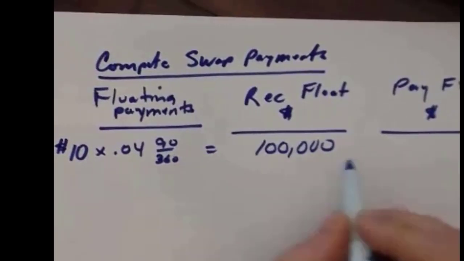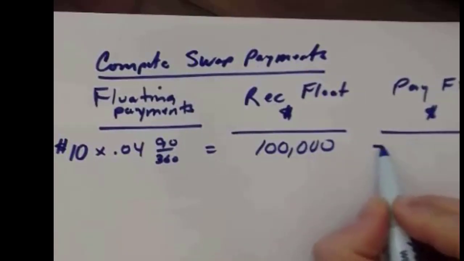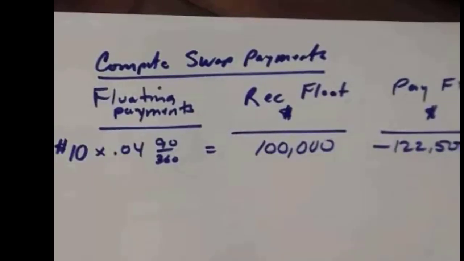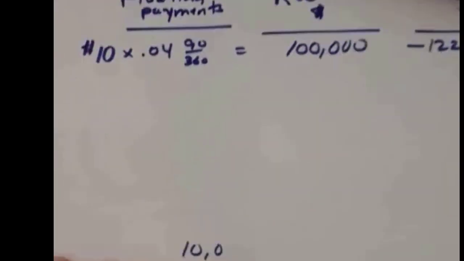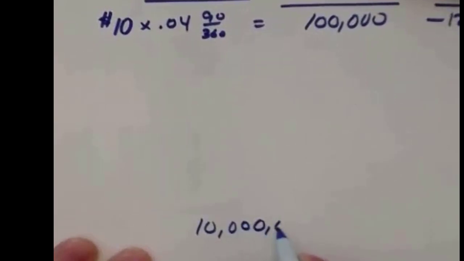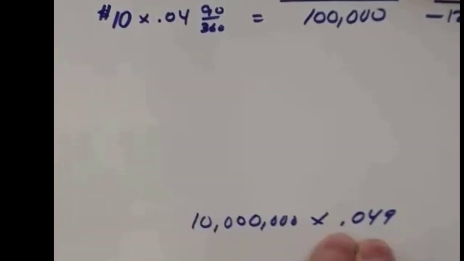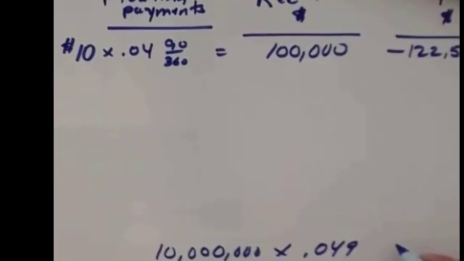And then we expect to pay $122,500 each quarter because it's fixed. Okay? And that payment, by the way, is calculated as $10 million times the swap fixed rate that we're going to learn how to calculate in a few minutes, but I'm just giving it to you. It's 4.9%. It's given in the problem.